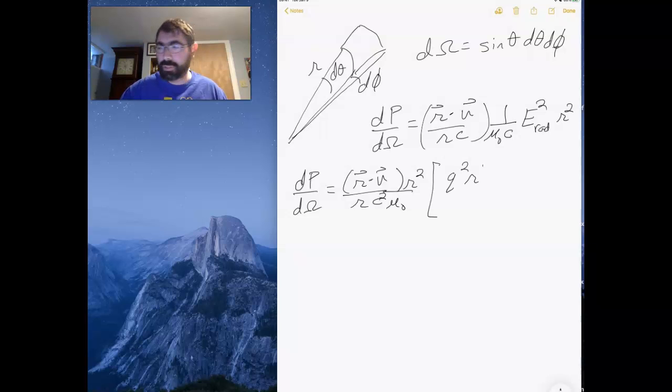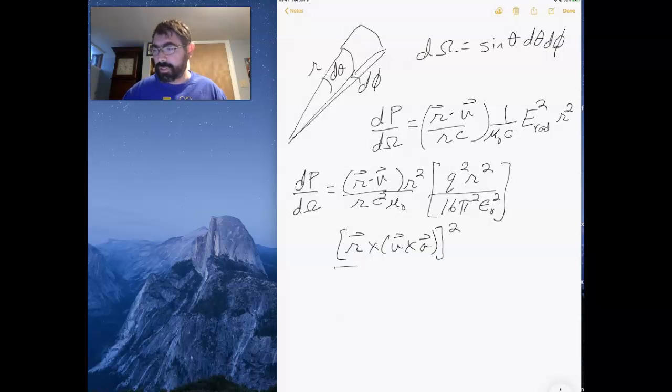q squared r squared over 16 pi squared epsilon naught squared times r crossed into u crossed into a, squared, over r dot u to the 6th power.